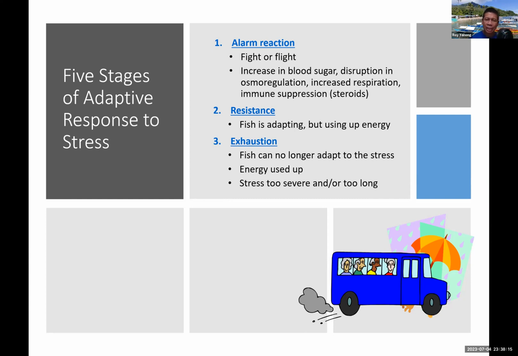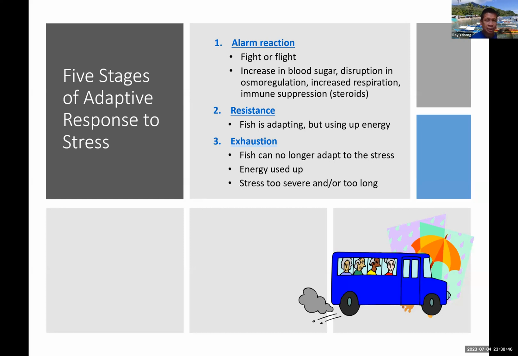Similar things are going to happen in fish if they're under a stressor. Increase in blood sugar. There's going to be disruption of their osmoregulation because of hormone changes. They're going to increase their breathing, and they're also going to have an immunosuppressive reaction because of some of the hormones and steroids that are going through their body.